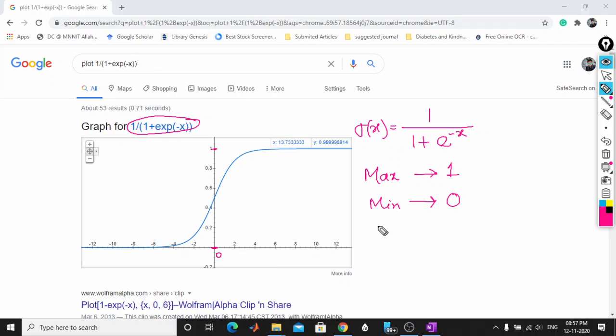And what is sigma of 0? Sigma of 0 is equal to 0.5. So we have seen it here. This is sigma of 0 and this is about 0.5. Okay. And this distance is our signed distance.